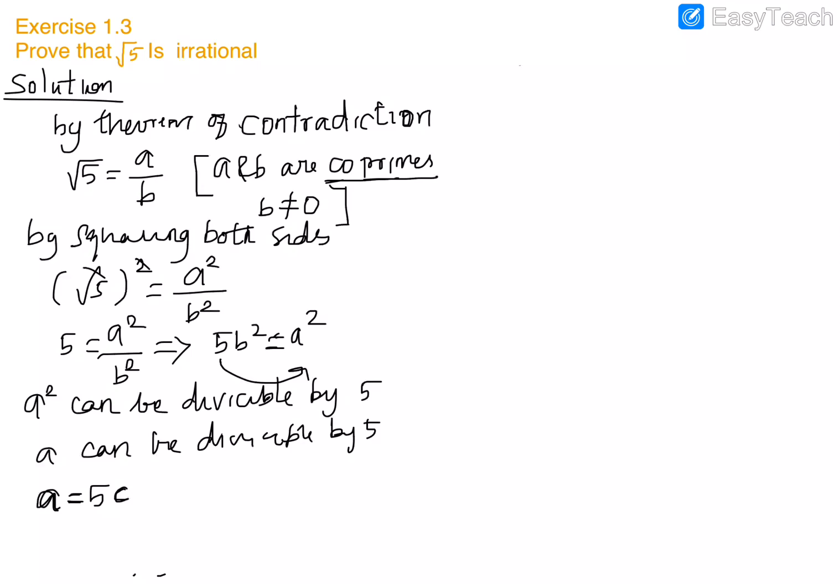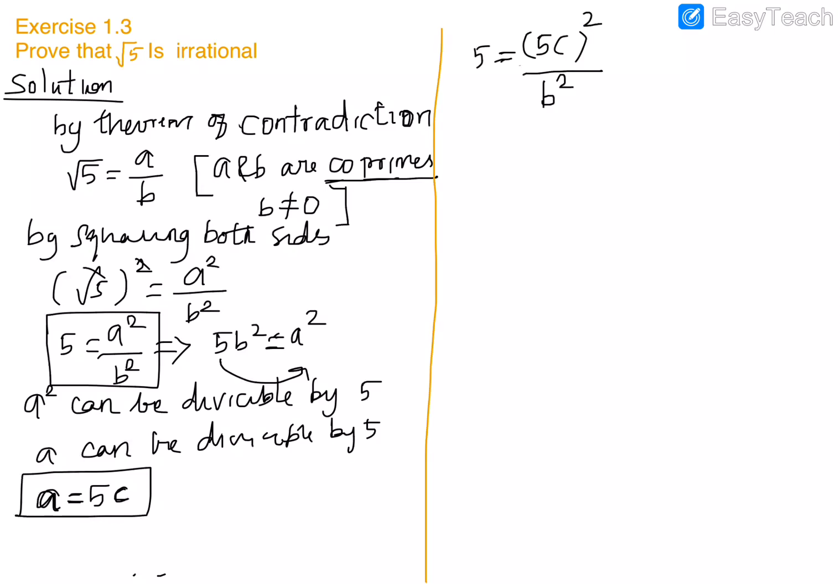Next, I substitute a equals 5c in this equation and I get 5 equals (5c) square divided by b square. Now I cancel 5.